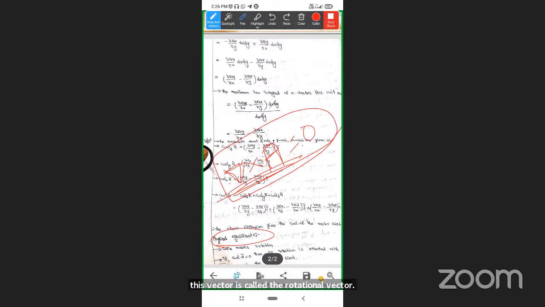And in the other case, if the curl is not equal to 0, then some rotation is attached to the vector A. That vector field, with curl A not equal to 0, is the rotational vector.